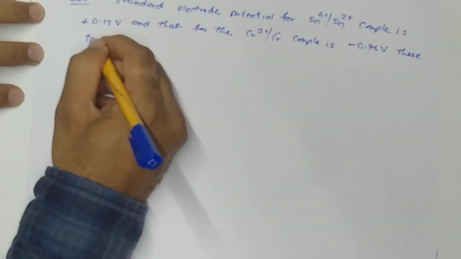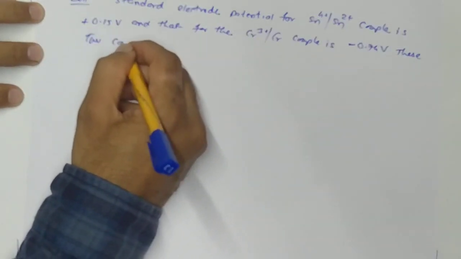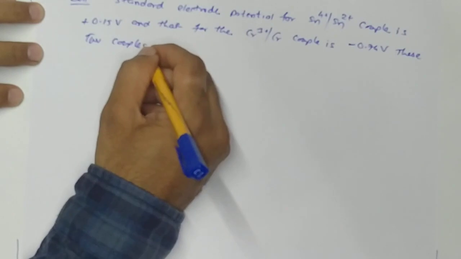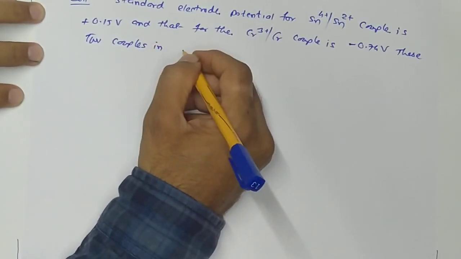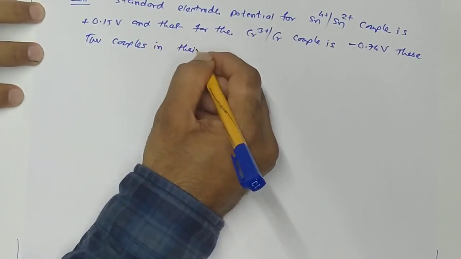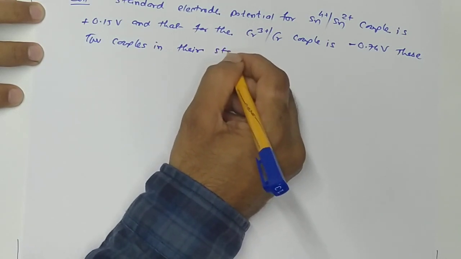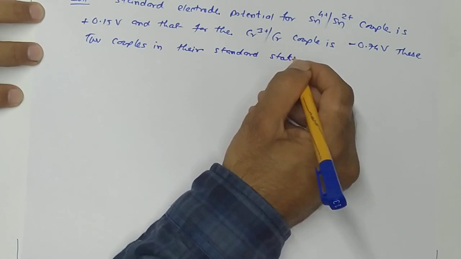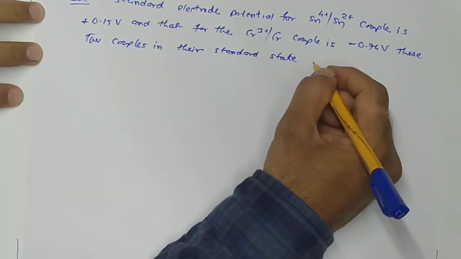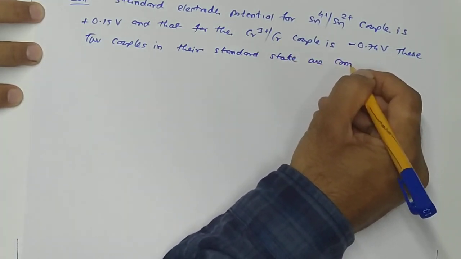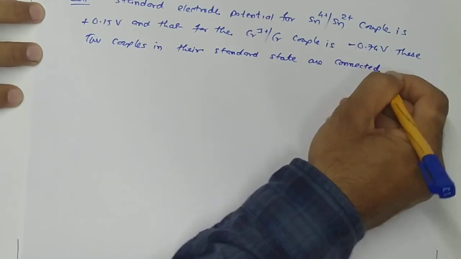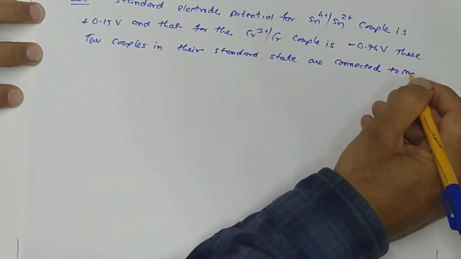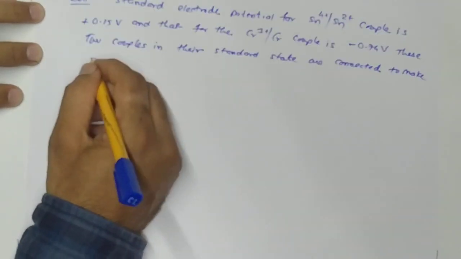These two couples in their standard state are connected to make a cell.